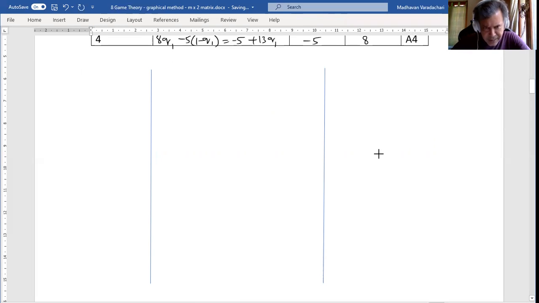Since the least negative value is negative 5, I will put the horizontal line somewhere here. This is our origin 0.